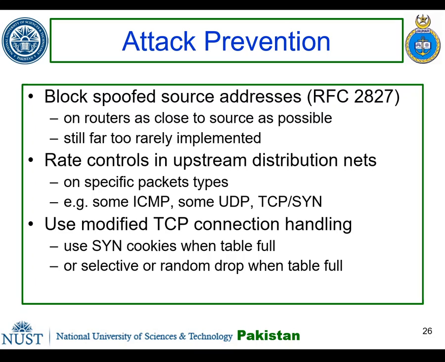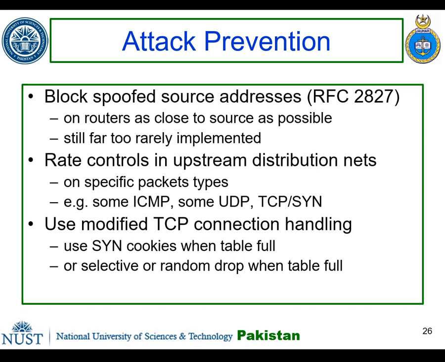Regrettably, despite this being a well-known recommendation by RFC 2827, many ISPs still do not perform this type of filtering. Any defenses against flooding attacks need to be located back in the internet cloud, not at a target organization's boundary router, since this is usually located after the resource being attacked.